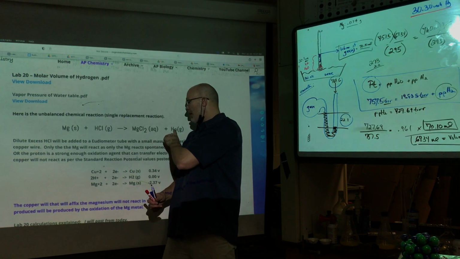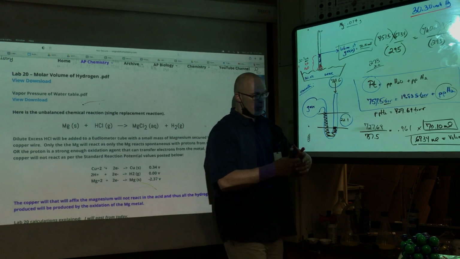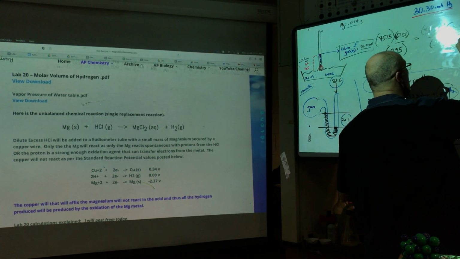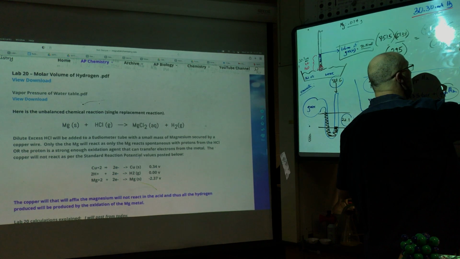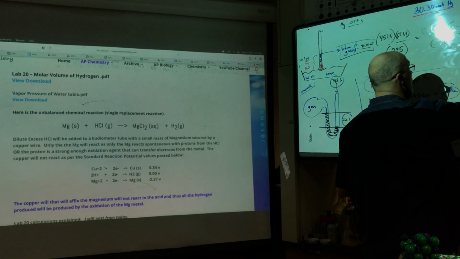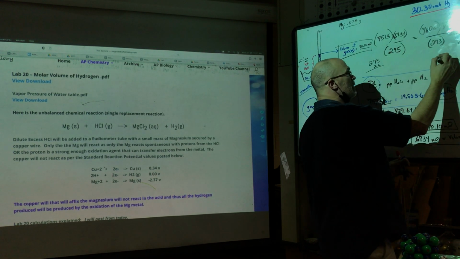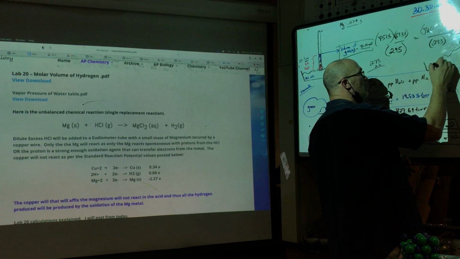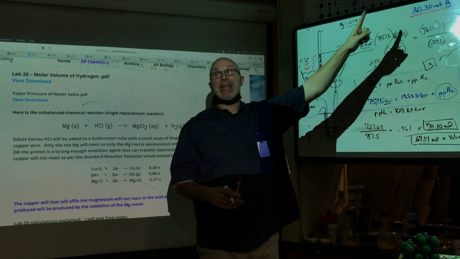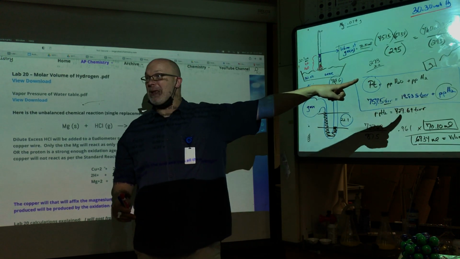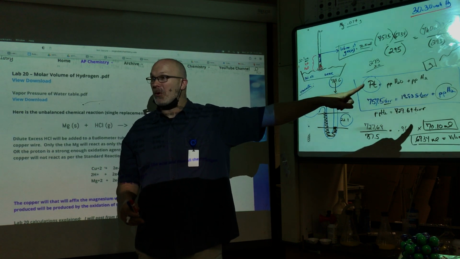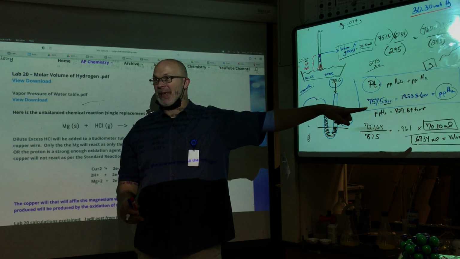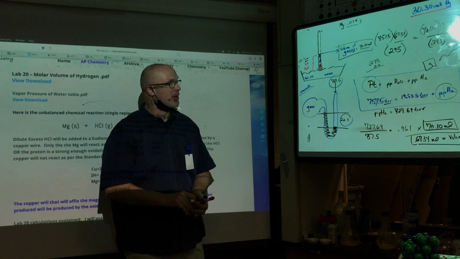That's stoichiometry. That's the moles of hydrogen. So divide this by the moles of magnesium, which is really the moles of hydrogen. And you'll get that because of using the grams that you collected. And now you're going to get liters per mole at STP, and that'll be your molar volume. That's how you do these calculations.